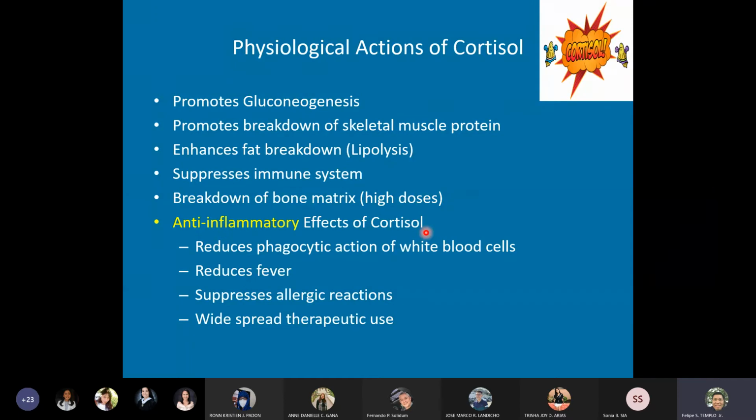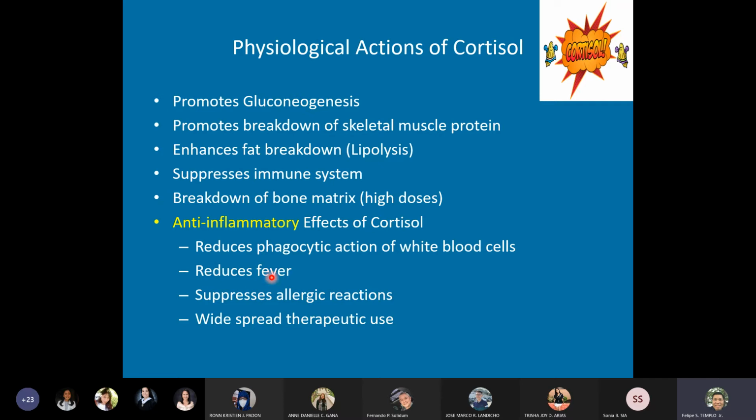Cortisol was tagged before as a wonder drug. Before, they used it for anything, for TB, for leprosy, anything that tends to be inflammatory, they used cortisol in the olden times.